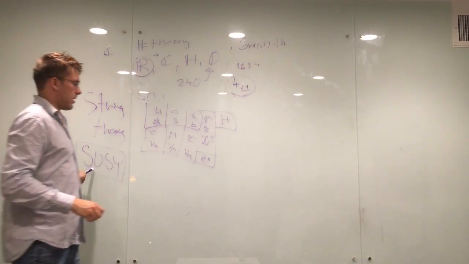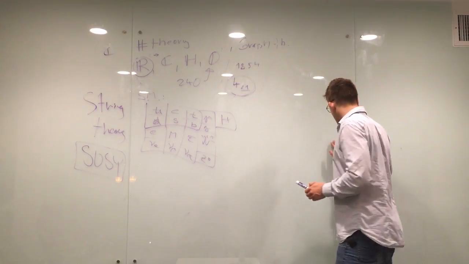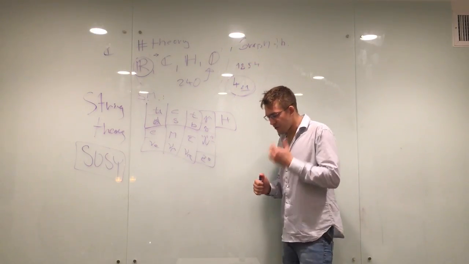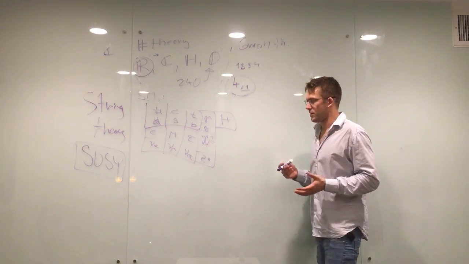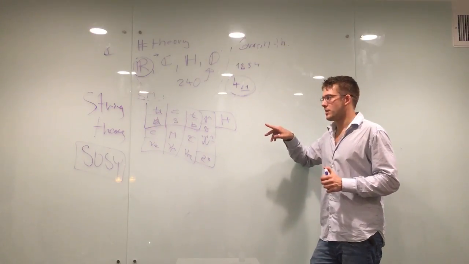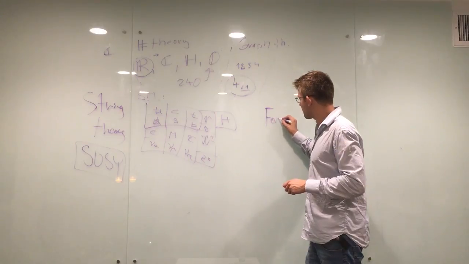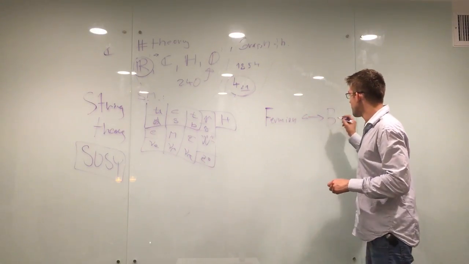Supersymmetry is a new type of symmetry that takes a particle and says that we have a different particle called a superpartner for that particular particle, which is the same in every aspect except that for every fermion we have a superpartner that is a boson.